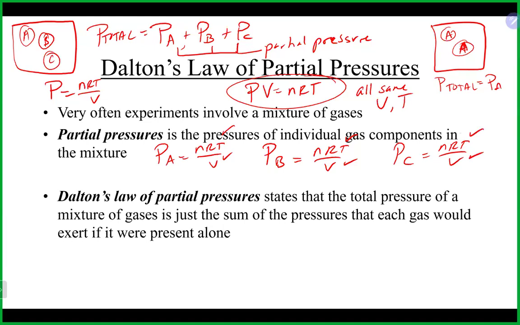And since R is a constant, it will be the same for everybody. So really, the only difference is the moles of each gas. A lot of times, all you have to calculate is the moles of each gas, and then individually plug them into the ideal gas law and add them together, and that would give you your total pressure.